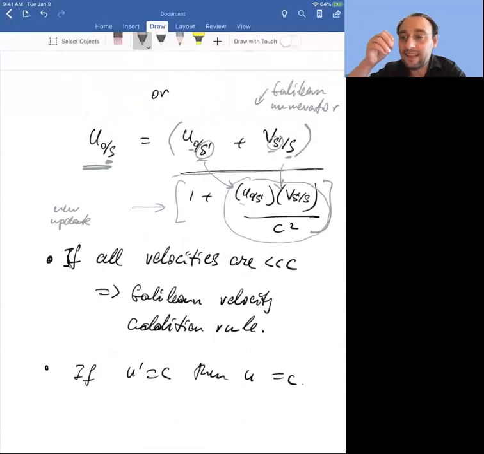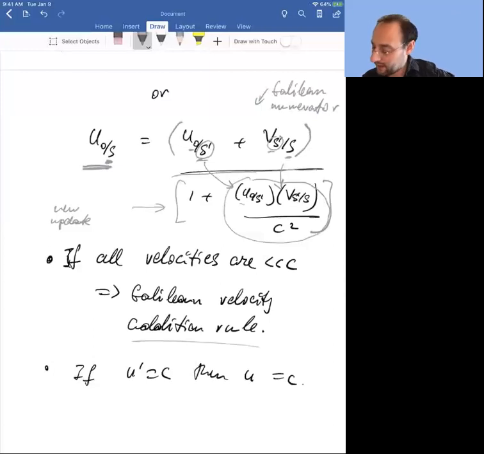It's 1 plus epsilon, 1 plus 0.0001. So you just get back the Galilean transformation. If u over c and v over c are much less than 1, then u over c times v over c is much less than 1, you just forget about it. So if all velocities are much, much less than c, boom, you get the regular homemade, kitchen-made velocity addition.